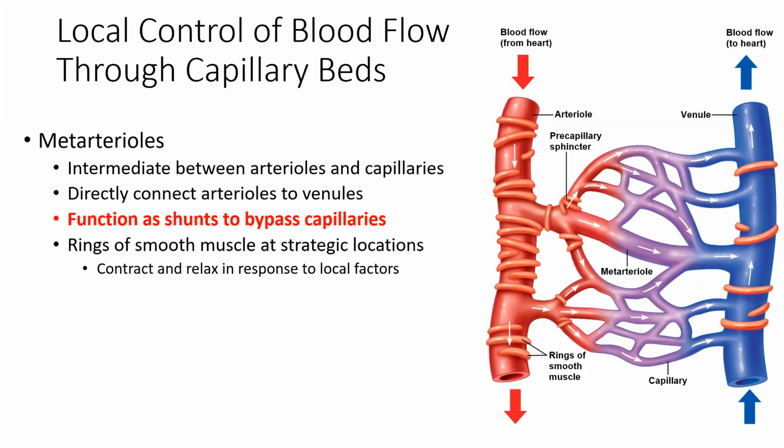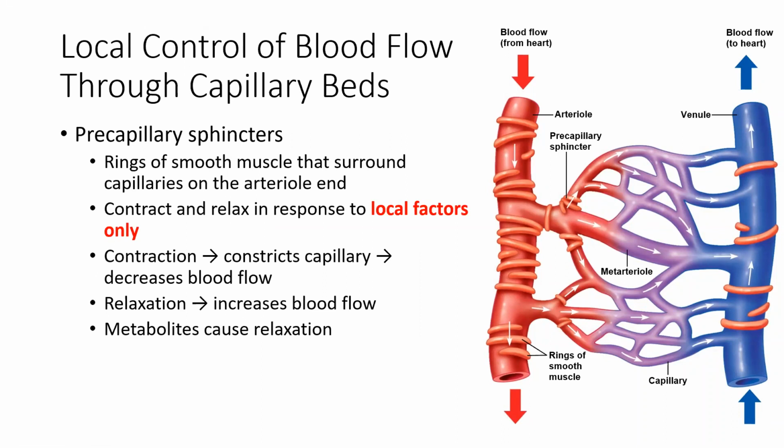If we want to speed up flow, or if the tissues are well oxygenated, as we've pointed out earlier, so really the state of the local tissues, if there are metabolites building up versus not, we can determine whether or not flow goes to the capillary bed or whether or not it goes into the meta-arteriole, bypasses the capillary bed and goes right over to the venule end. Okay, so it essentially is going to shunt or bypass the capillary bed altogether.